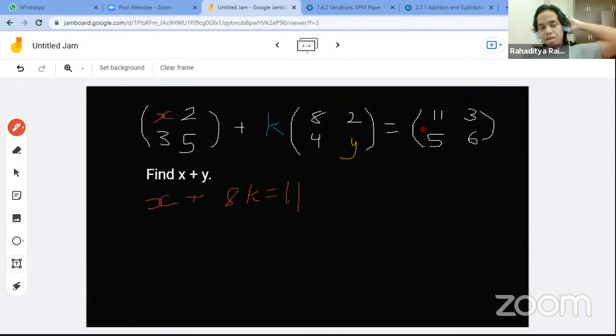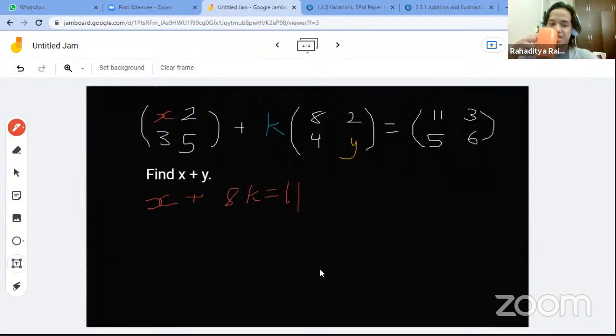Okay, but how would you go on after you write this equation? This is a very fundamental step.